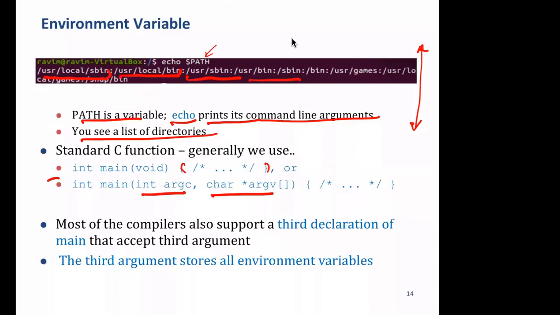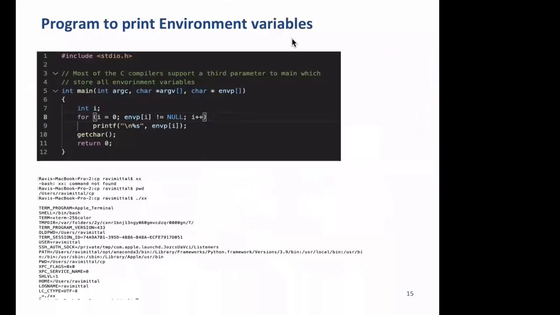But there is a third declaration also, which we can specify, but if you don't specify it explicitly, then it's assumed implicitly. This environment stores all environment variables. So we have here a third argument, which is envp.